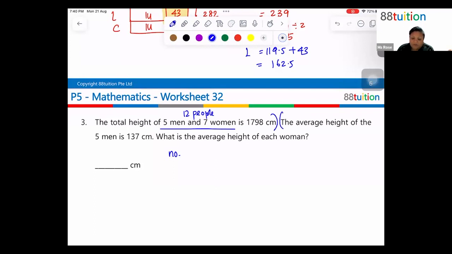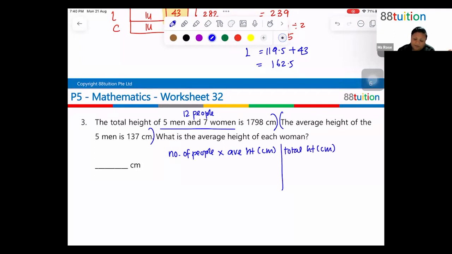The average height of 5 men is 137. So if I take the number of people times the average height, this will give me the total height.